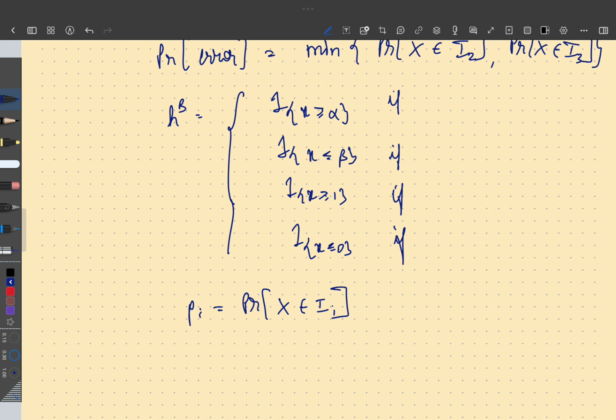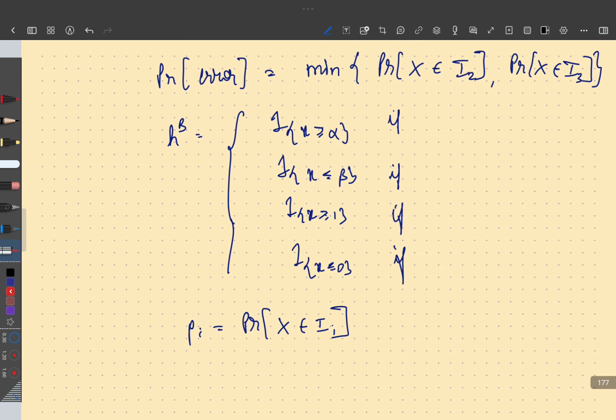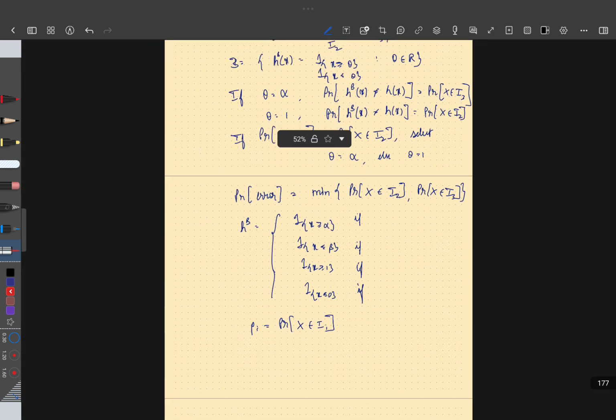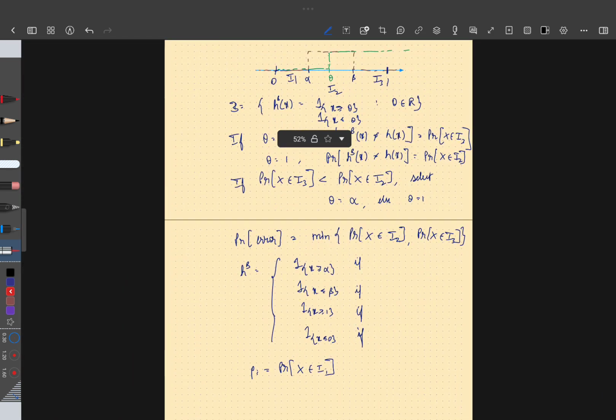So what is the probability of error of this particular classifier? The first one. That is when the minimum is I3. Let's not worry about which one is the smallest, but what is the probability of error for this classifier?